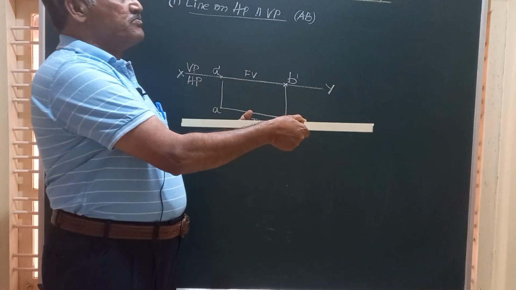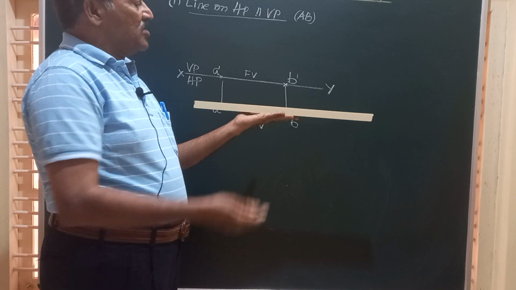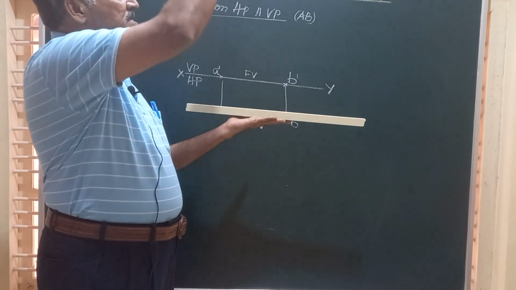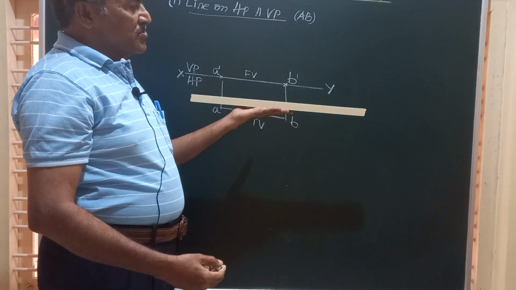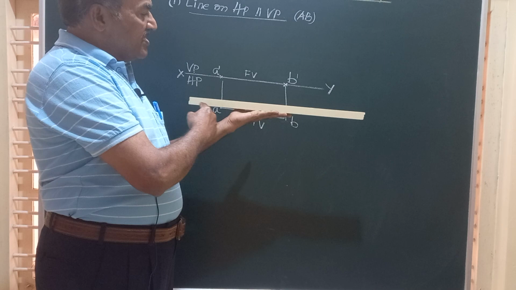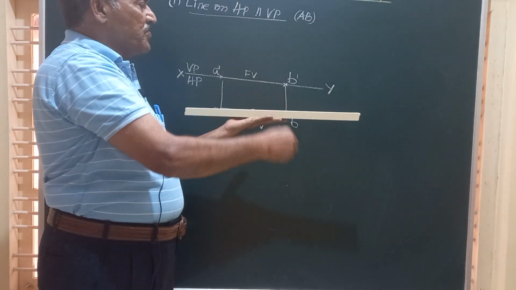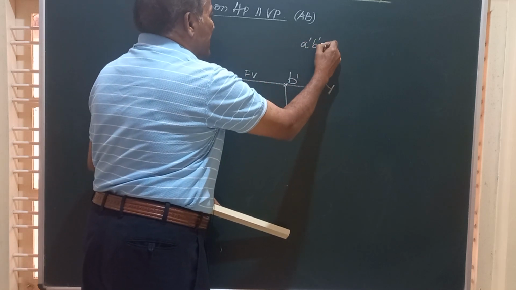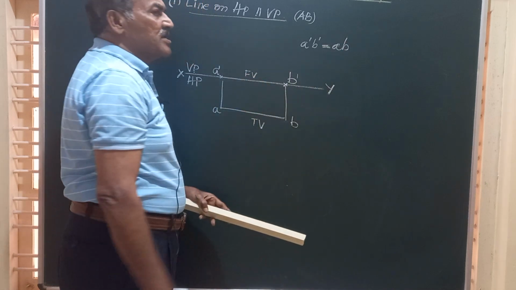When a line is parallel to VP and on HP, you can see it as a line in the top view and as a line in the front view. So you will be able to get the same length both in the front view and in the top view. That is to say, in this question, A dash B dash is equal to AB. This is the front view and this is the top view.